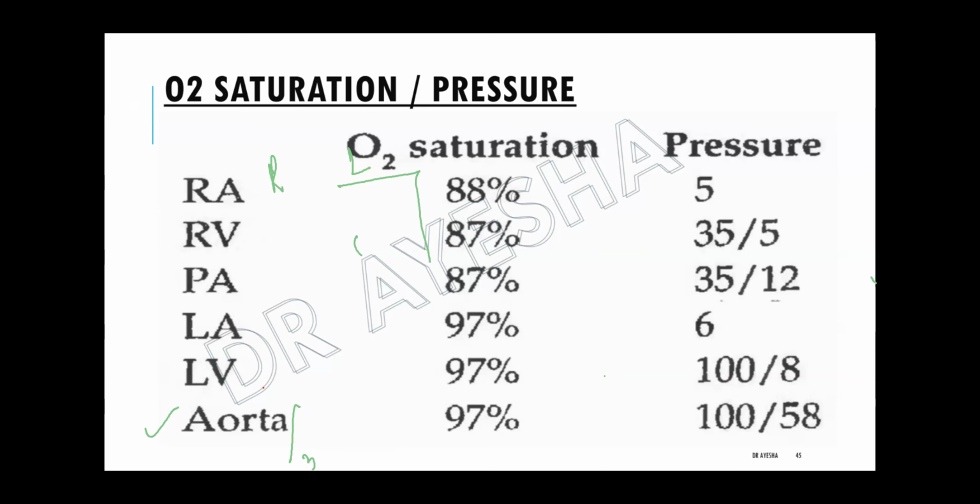So what we detect in the conclusion is that there is a step up of saturation at the level of the atrium, and there is also increased pressure of the right ventricle and the pulmonary artery as well. Okay, so artery level pressures are also increased, and you can see the step up of the saturation.